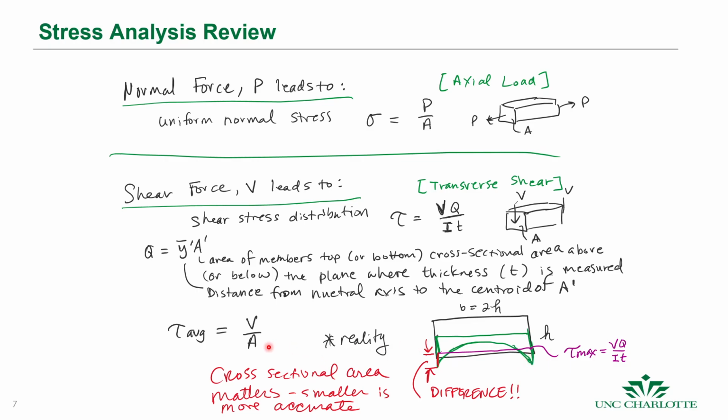So just keep in mind that these are average shear forces and that the shear is actually a little higher depending on the cross-sectional shape. We can't just plug these numbers in without remembering some of these caveats.